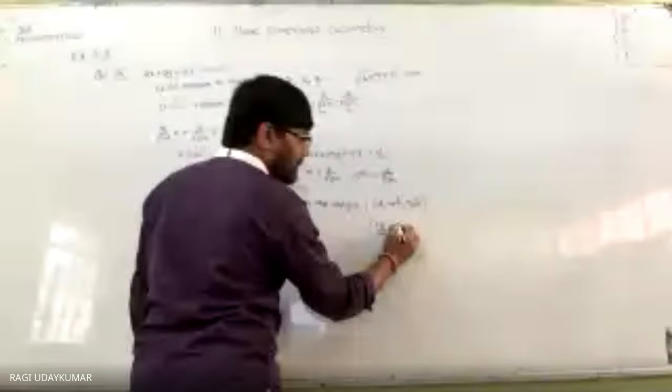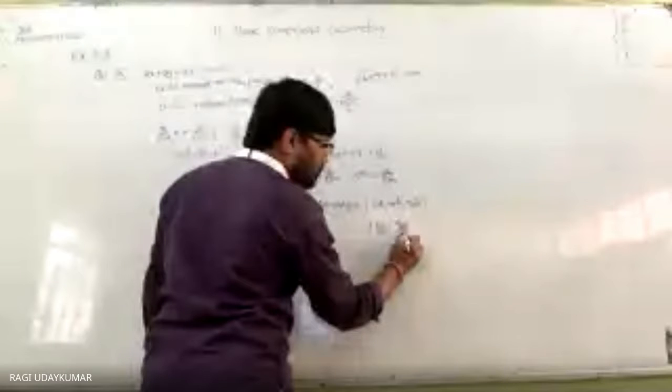Twelve twos are 24, twelve threes are 36. So 36 by 29, 48 by 29. This is a point P.